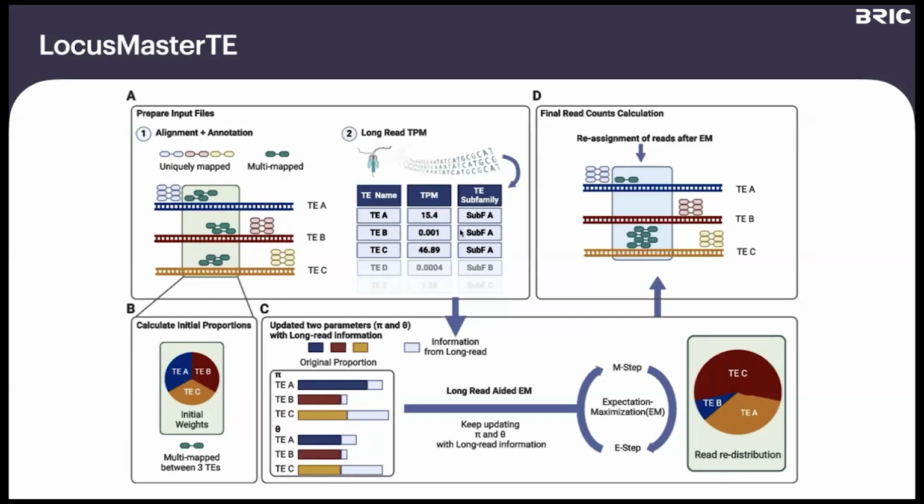This information calculated from the long read is normalized and converted into transcripts per million, and this is integrated while the multi-mapped reads go through the expectation maximization model. After the model converges, it reassigns the reads based on the conclusion given by the model.